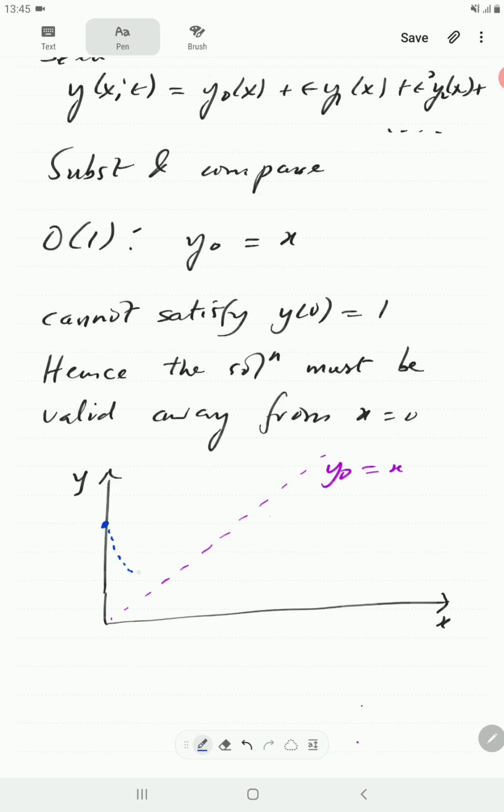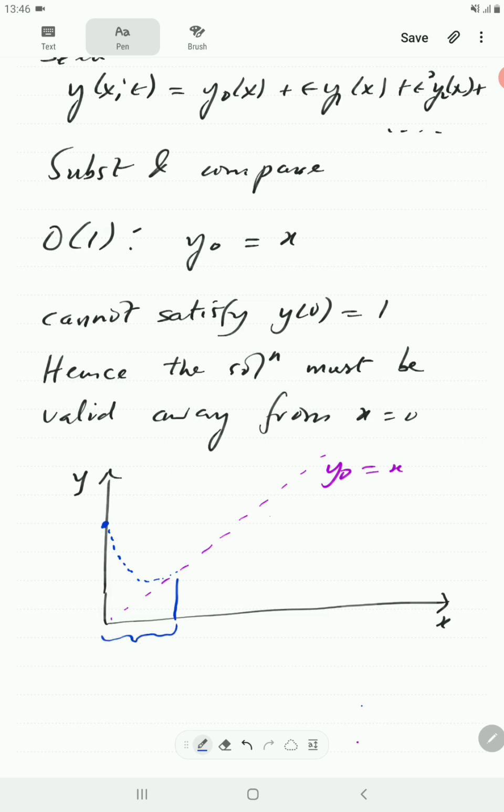So this is telling us that very close to the origin, there's going to be a region where the solution adjusts from the straight line behavior towards y equal to 1.